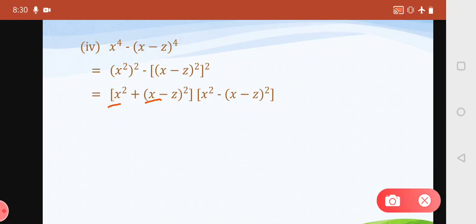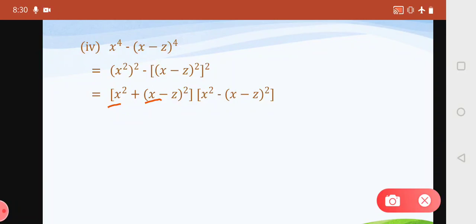But here, as the variables are the same in both the terms, we can simplify it. So here we will open this (x − z)² bracket. That is, we will apply the perfect square for subtraction identity.